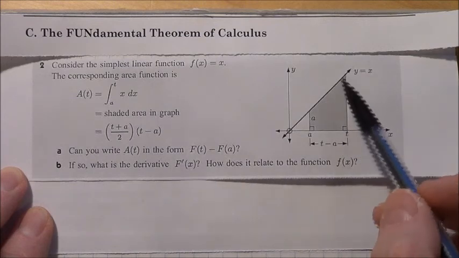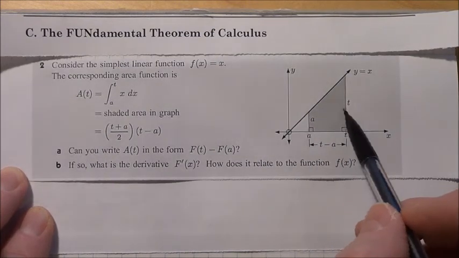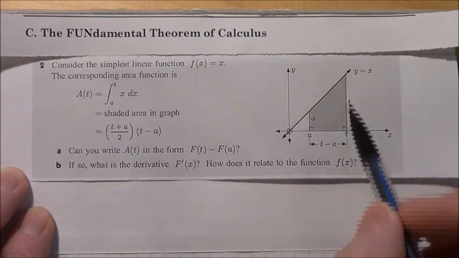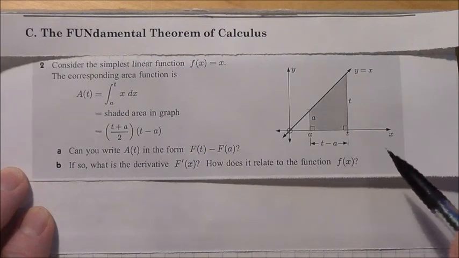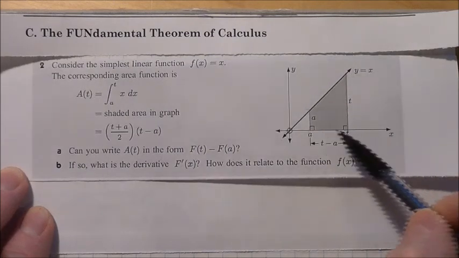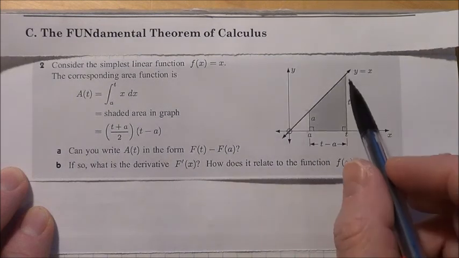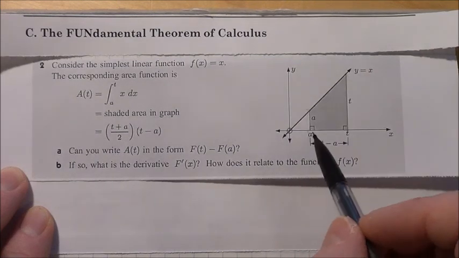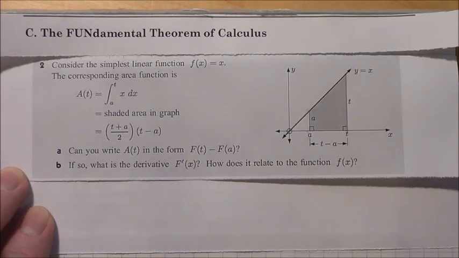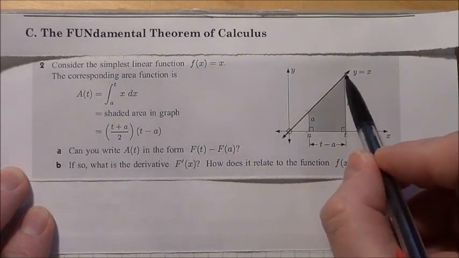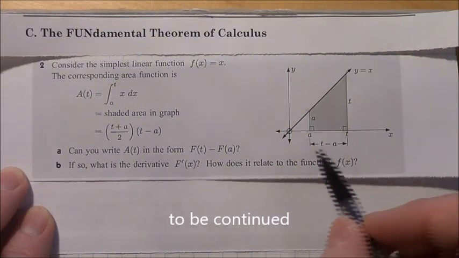So if you really look at that, now we could, if we really wanted to, look at this as a composite figure of a triangle plus a rectangle, but it's much easier to look at it as a trapezoid, or a trapezium, where the two parallel sides are a and t, because if y equals x and x is a, then that means at this point y equals a, and at this point y equals t, and the height between those two parallel sides is t minus a.